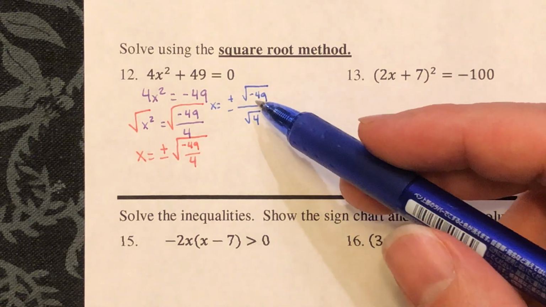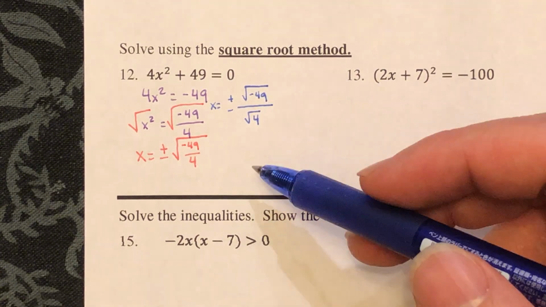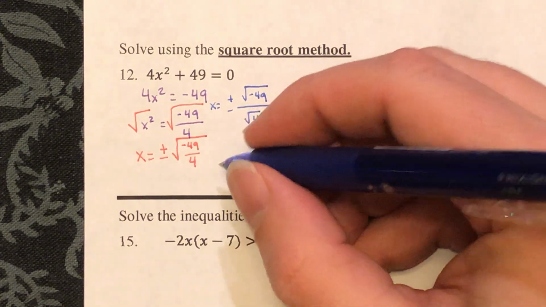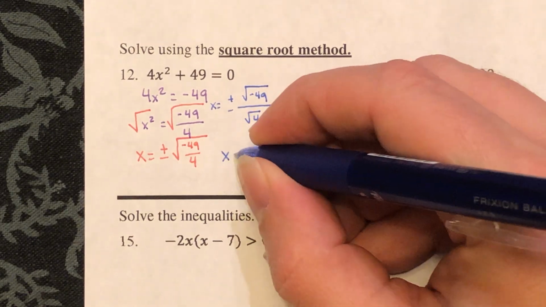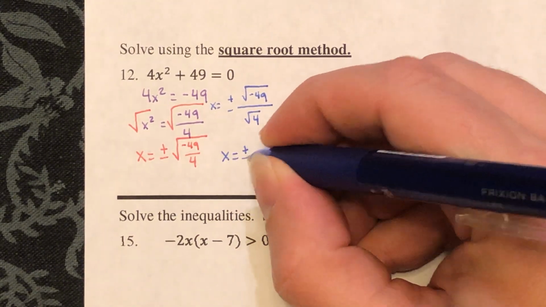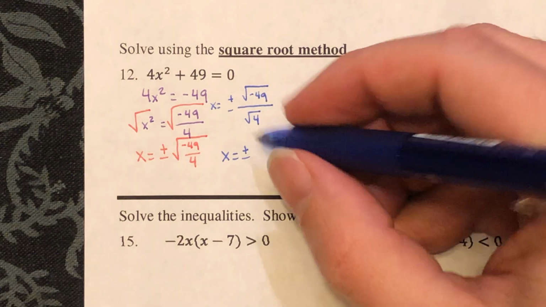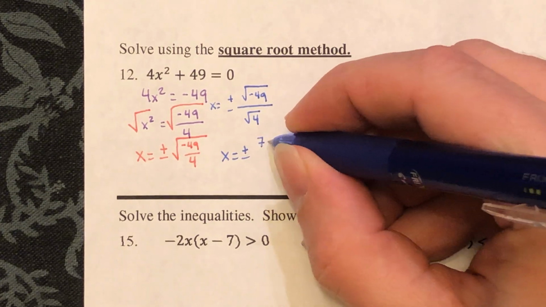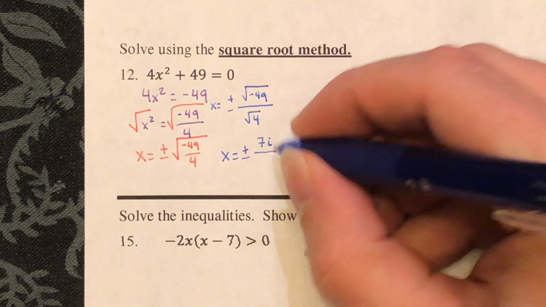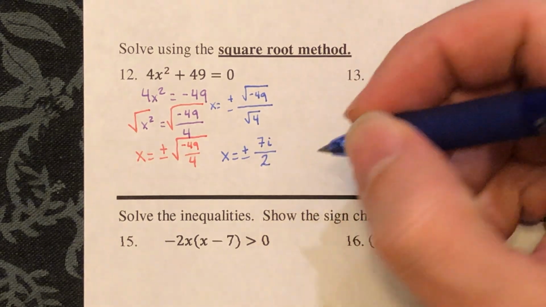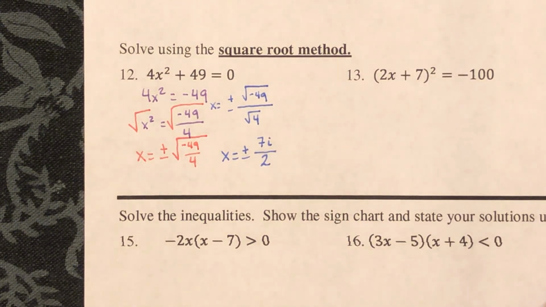Each of these radicals I am able to simplify. Square root of negative 49 is going to be 7i. The square root of 4 is 2. So I have x equals positive and negative 7i divided by 2.